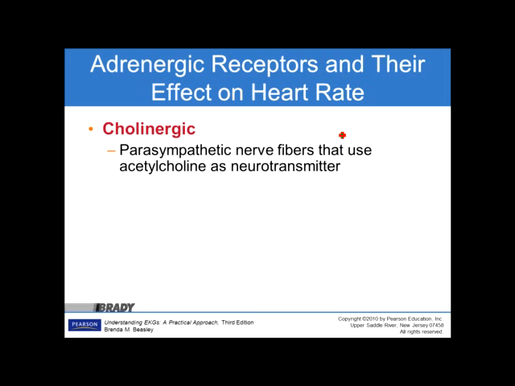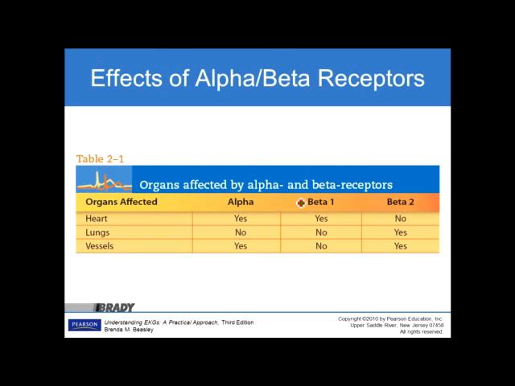Cholinergic: parasympathetic nerve fibers that use acetylcholine as neurotransmitters. And again, we're talking about the receptor site. If the receptor site receives acetylcholine, it is considered a cholinergic receptor. Effects of alpha and beta receptors. Organs affected by alpha and beta receptors.